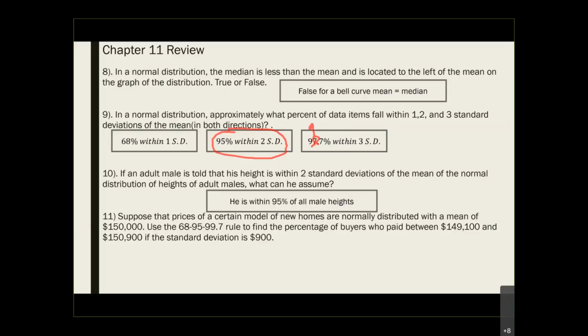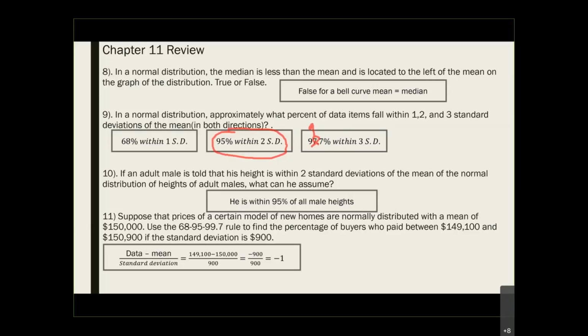So remember, to do this, the first thing we need to know is my z-score, my z-value. Reminder, the z-value is the data minus the mean, divided by the standard deviation.